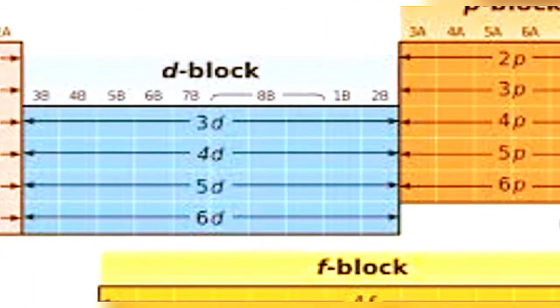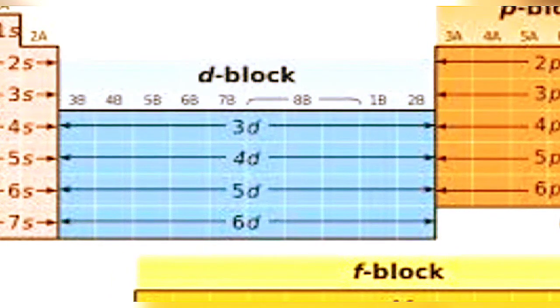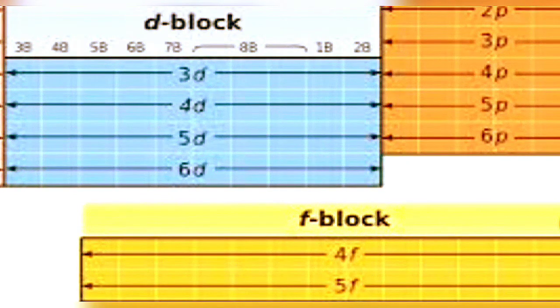The transition elements, or d block elements, which exist between the s and p block elements, have their last electron in the d subshell, and their electronic configuration completes at the d subshell. Similarly, for the f block elements, there are two rows of lanthanides and actinides at the bottom of the periodic table, called f block elements, because in these elements the electronic configuration completes in the f subshell.